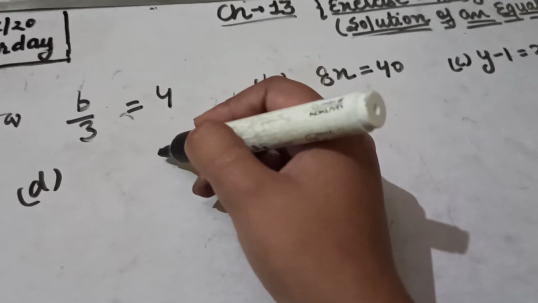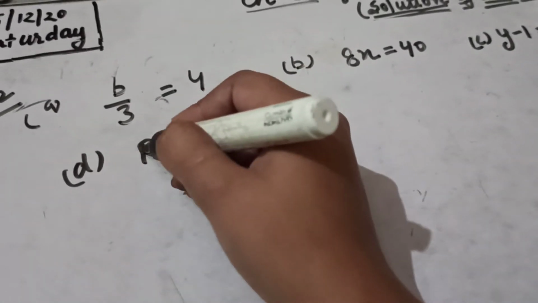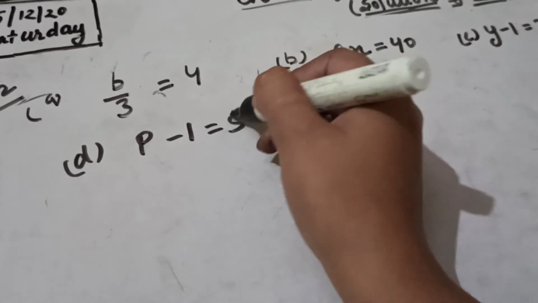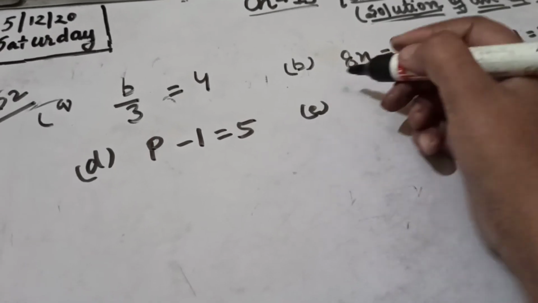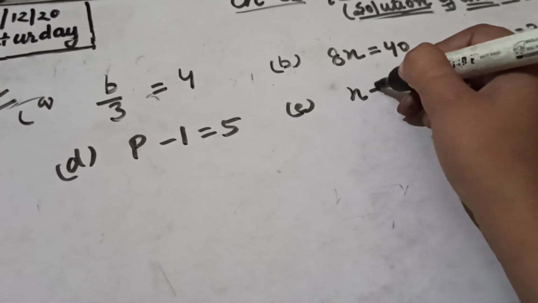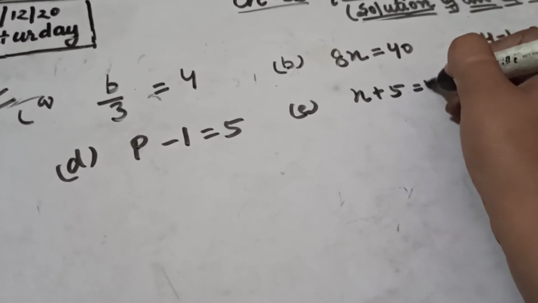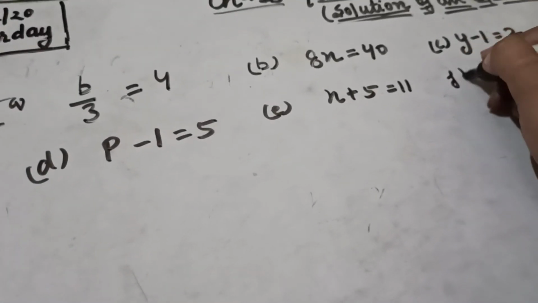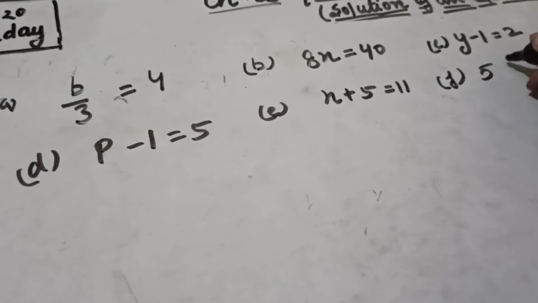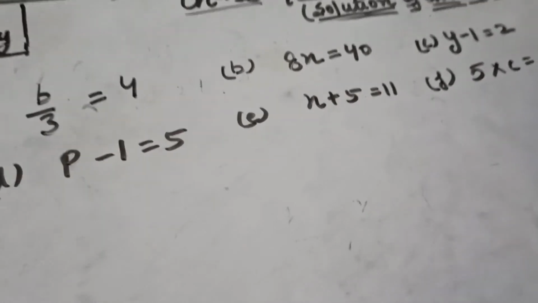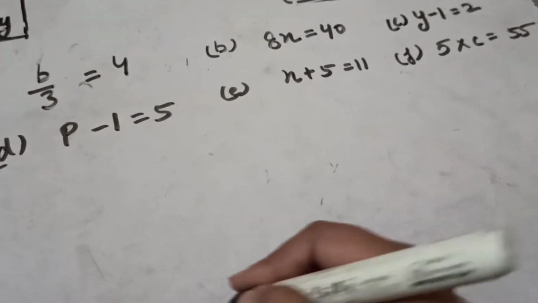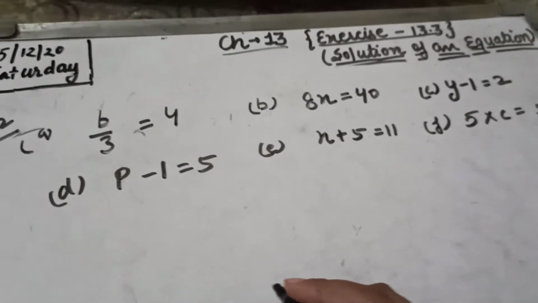D. The difference between p and 1 is 5. E part, x increased by 5 is 11. And F part, the product of 5 and c is 55. Clear? These are the linear equations from the statements.